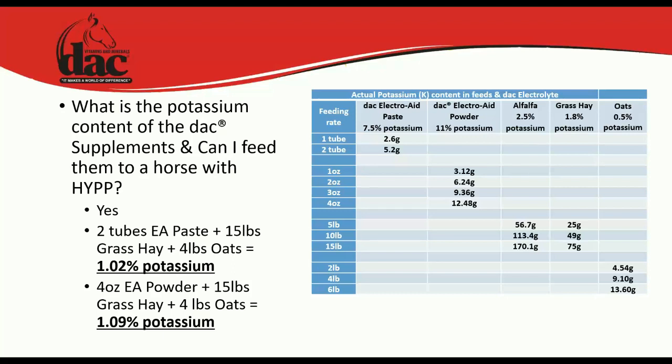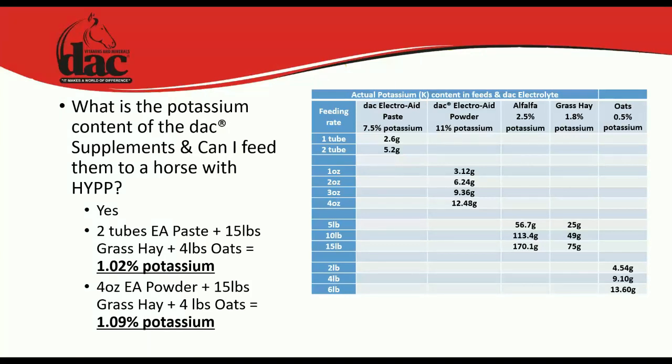So let's say our horse is 1,100 pounds, and we times that by 2%, and we're looking at 22 pounds a day of food that they're going to eat. And so we don't want more than 1.1% of that to be potassium.